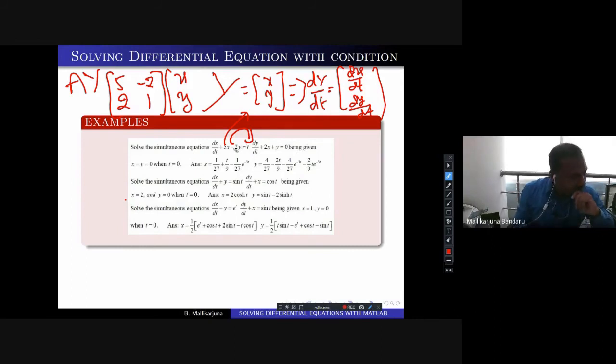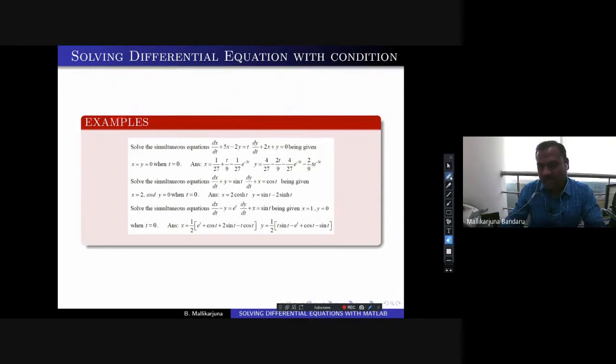Let me draw it as simple as possible. See, suppose dY by dt is equal to AY plus B, where A is nothing but the coefficients of x and y, and B is a constant. Now let me take A. What is the A matrix from this?